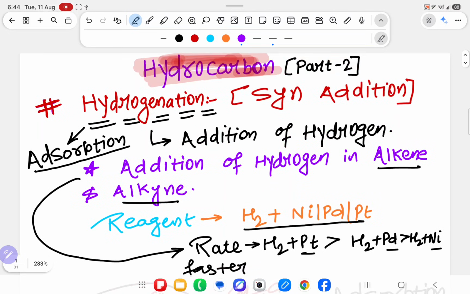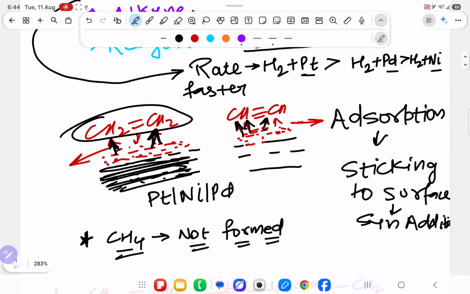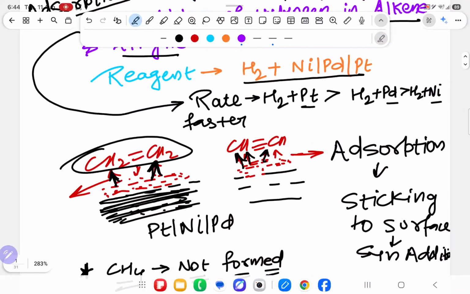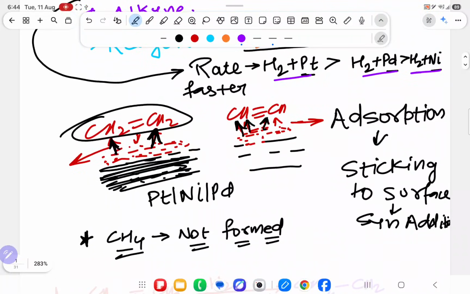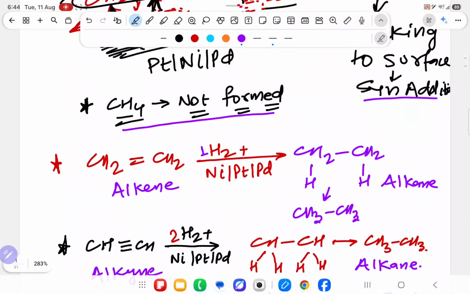So overall, you have to know hydrogenation is a syn process, syn addition of hydrogen into alkene and alkyne. The reagent used is H2 in the presence of nickel, platinum or palladium catalyst. The rate will be more in platinum, then palladium, then nickel. Over here both are adsorption processes, sticking to the surface, syn addition. CH4 is still not formed in this case.